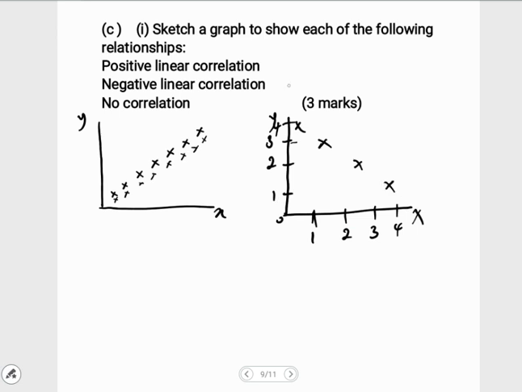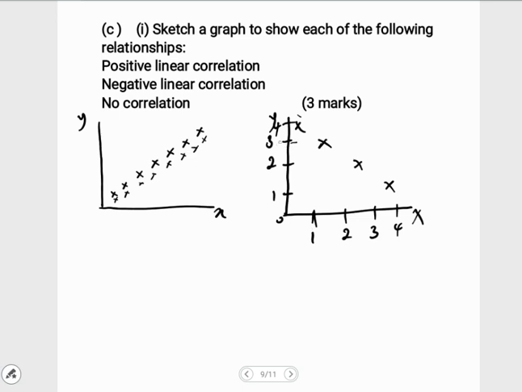So if we have something like this, you can see that it is sloping this way, down. Can you see? For a graph like this, we say that we have a negative linear correlation, because the decrease in y brings about a corresponding increase in the value of x. When y is equal to 4, our x is equal to 1.